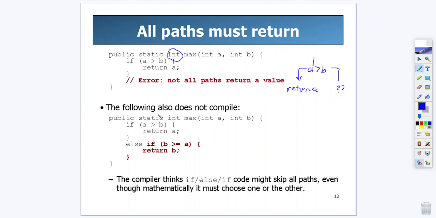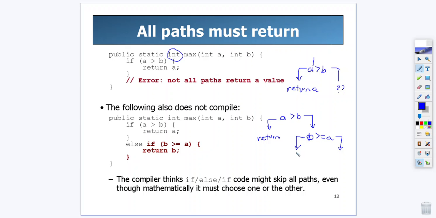Okay, so let's say you decide to make a change. And you say to yourself, okay, well, let's check if A is greater than B. And if A is greater than B, we're going to return A. And if A is not greater than B, we're going to check to see if B is greater than or equal to A. Because in our brain, it makes sense, right? Either A is greater than B or B is greater than or equal to A. But remember, every time you test a condition, there's a true path and a false path.